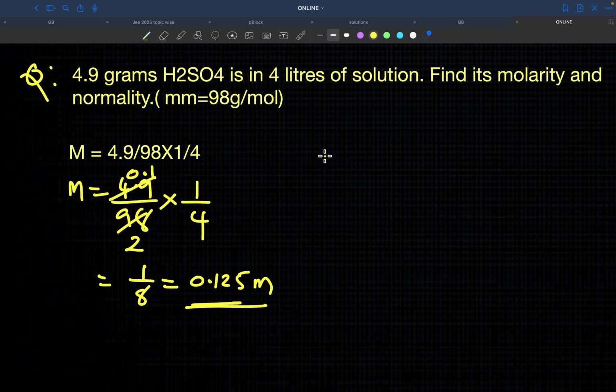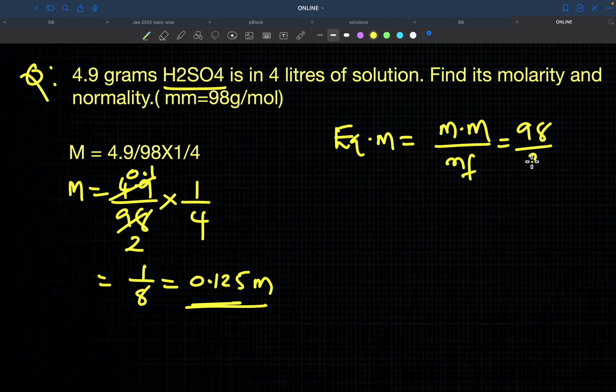Right, now let's find normality. For normality we have to calculate the equivalent mass first. Equivalent mass equals molar mass by n factor. Molar mass is 98, but the n factor of sulfuric acid is 2, which gives me 49. Now I'll plug it in.